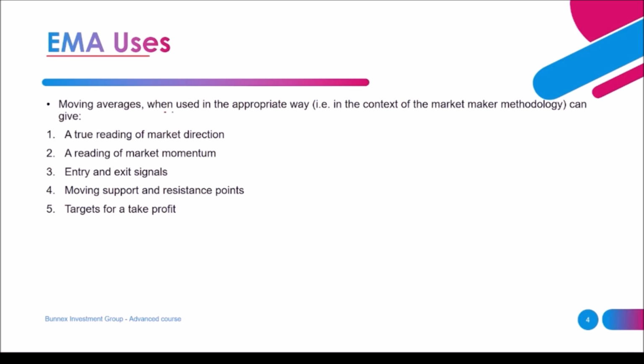So moving averages, when used in appropriate way, that is in the context of the market maker method, can give one, a true reading of the market direction, a reading of market momentum, entry and exit signals, moving support and resistance points, as well as targets for a take profit. So in this case, we are going to clarify more on using them as moving support and resistances.